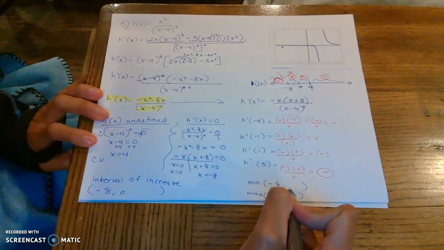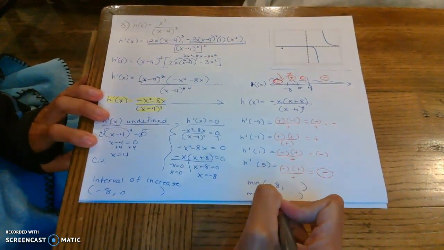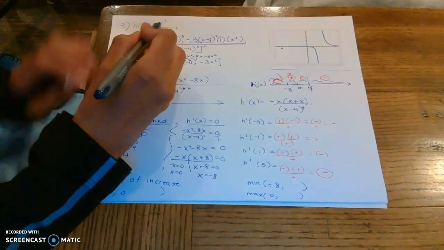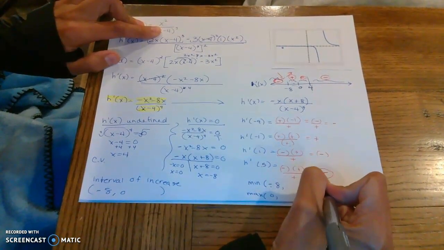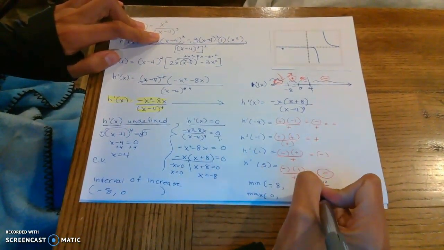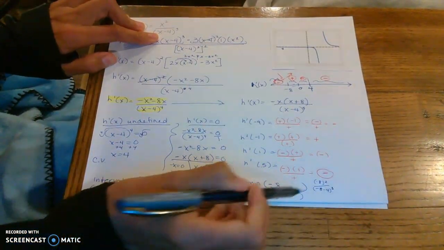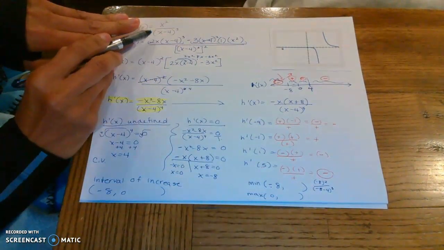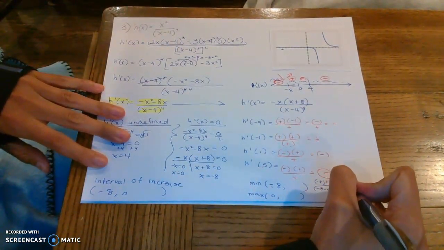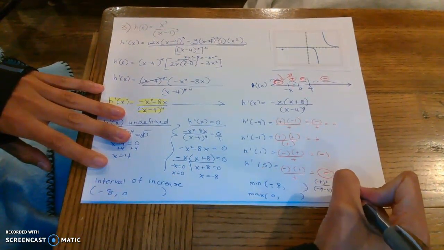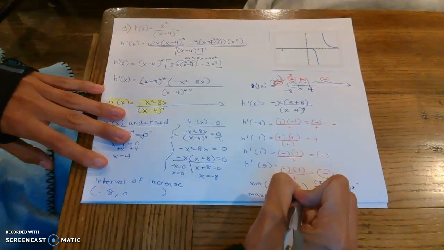So that being said, once you've done all this work, the last piece is to find the actual y coordinate of the min, and you do that by taking that value and plugging it into the original. So in this case, I would take negative 8, square it, and plug in negative 8 for x here, minus 4. I'm literally taking that negative 8 and plugging it into the original function, and you end up getting 64 over negative 12 cubed, which reduced gives you negative 1 over 27.